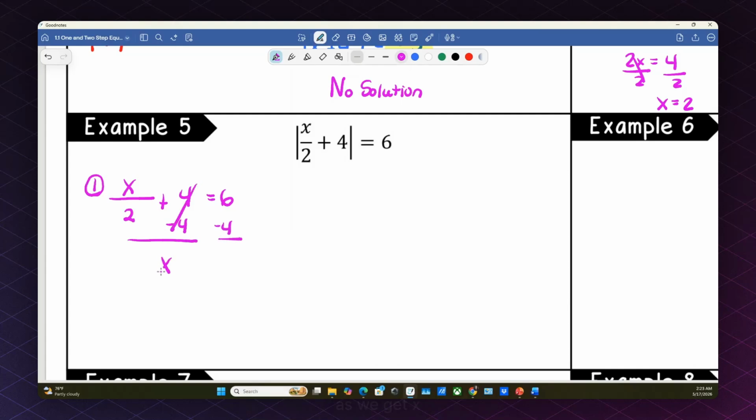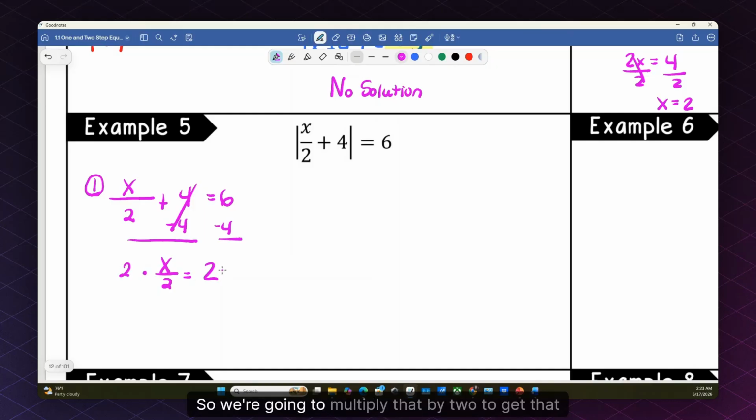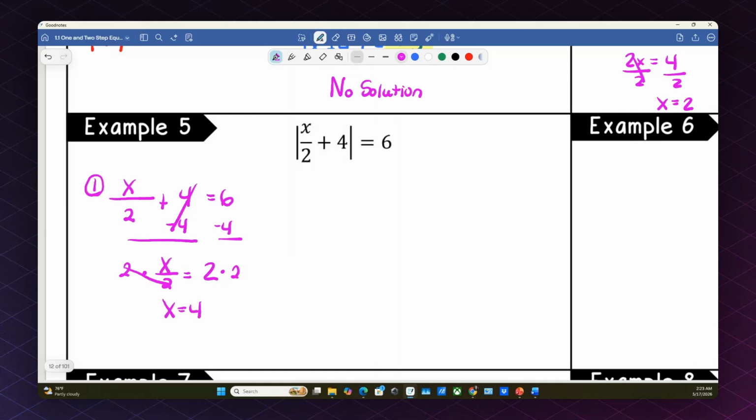And so we get x divided by 2 equals 2. I want to remind you, when it's in the denominator, that fraction bar is a division sign. It's saying x divided by 2. So the opposite of division is multiplication. So we're going to multiply that by 2 to get that denominator cleared out. And so we get x equals 4.